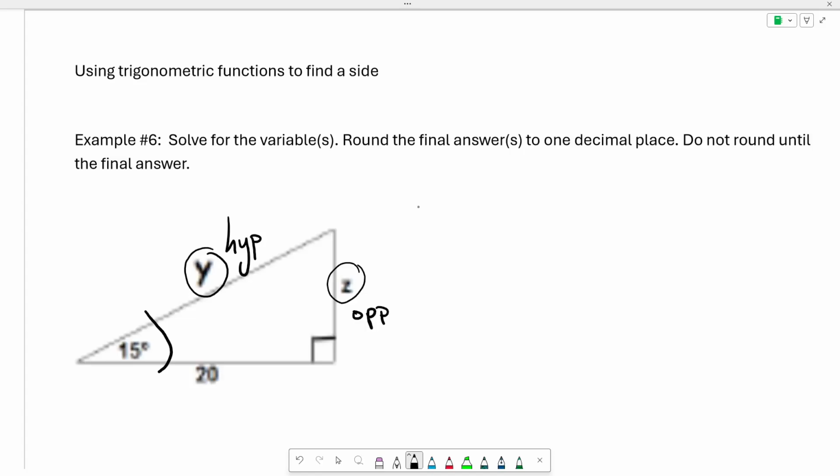So I could say the cosine of 15 degrees is equal to 20 over y, and that'll help me find the hypotenuse. I could say the tangent of 15 is equal to z over 20. At this point, once we get them set up, it's a matter of putting things into the calculator.